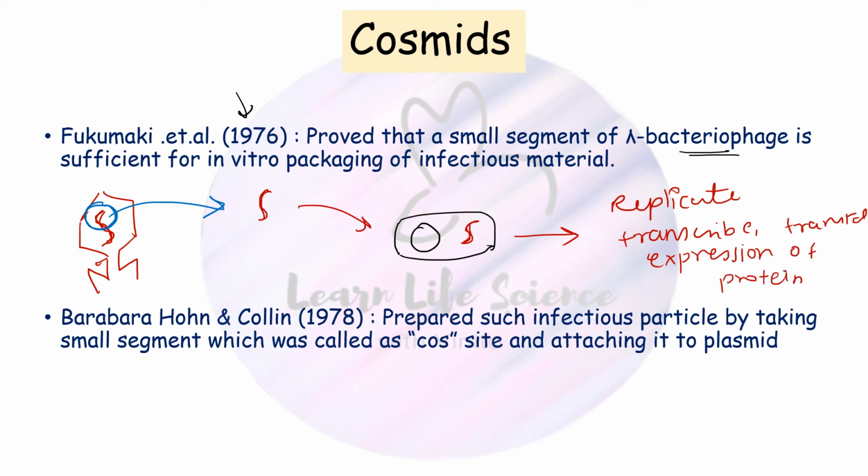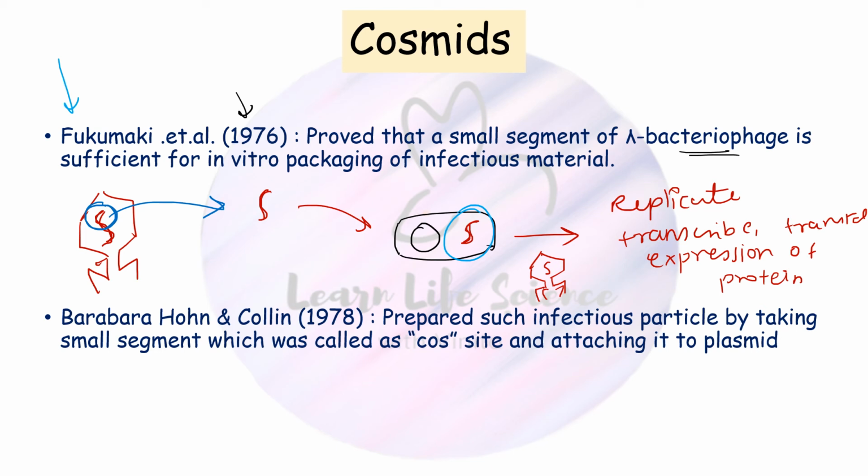Expression of proteins means those proteins involved in formation of the head, the stalk, and the tail. This small fragment is sufficient to carry out the entire process of infection and multiplication. So this was proved by Fukumaki in 1976.